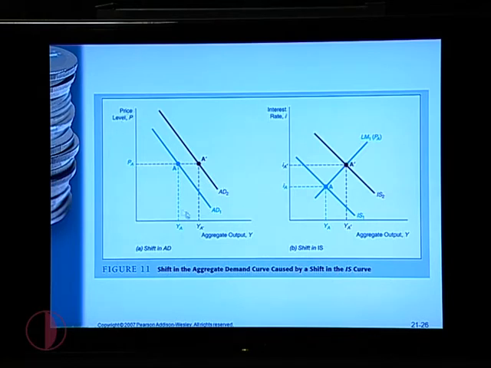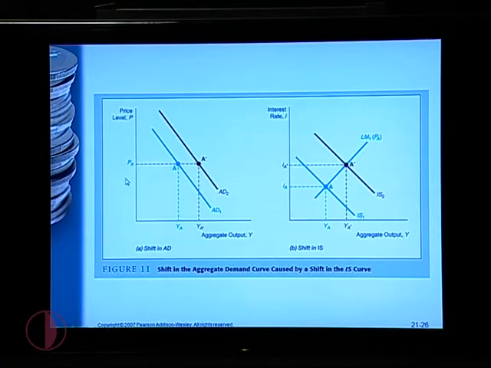Here the price level is plotted against output, while interest rate is plotted against the aggregate level of output. Shift in IS, shift in AD. What are we trying to find out here? The shift in the aggregate demand curve caused by a shift in the IS curve. So let's first start with the shift in AD.